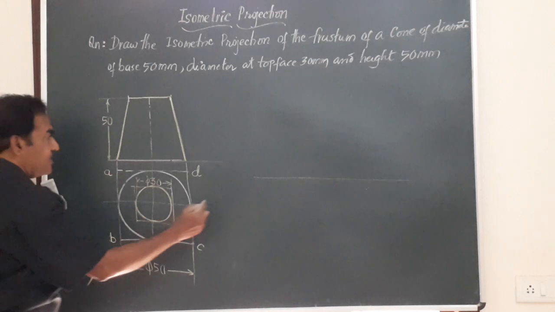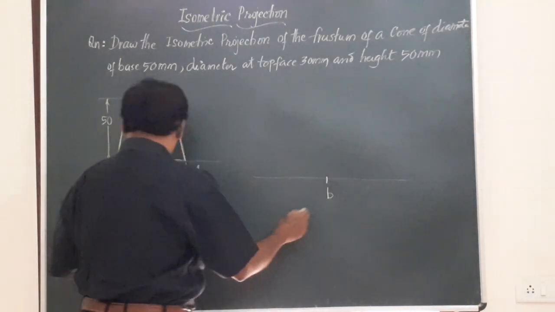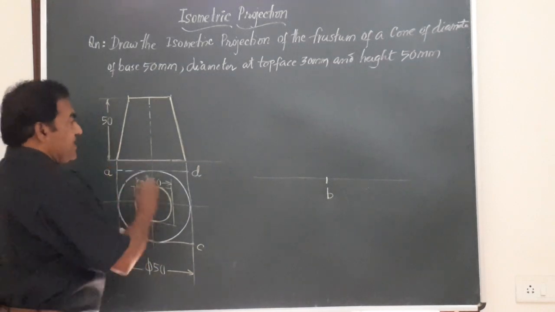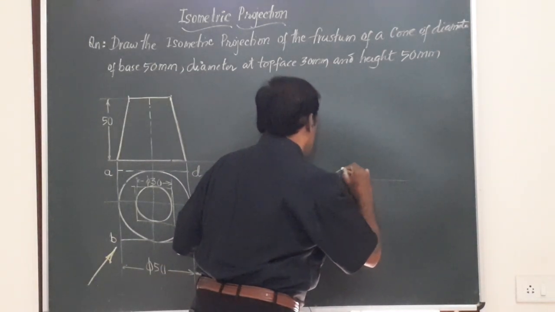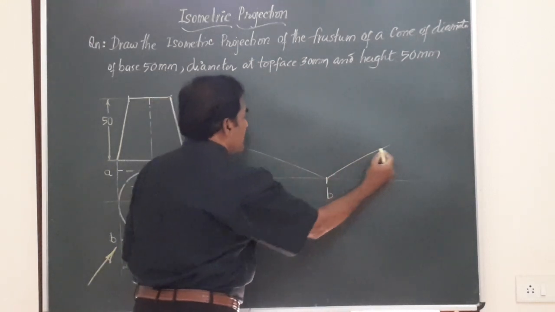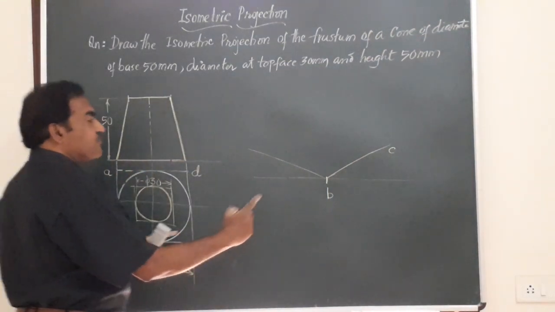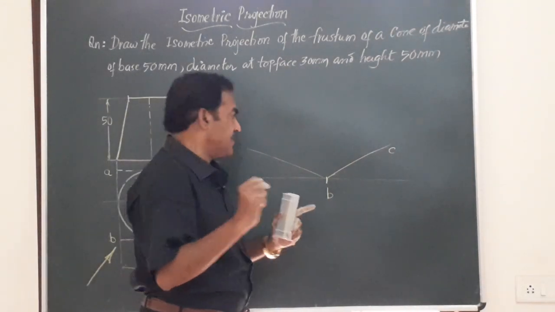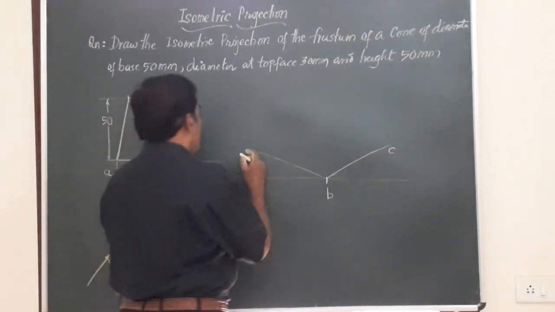The starting point is going to be B here. Draw two lines BC and BA at an angle of 30 degrees to the horizontal. This is BC and this is BA. The length of BC is equal to 50 ISO, 50 into 0.815. On the other end you get the point A.